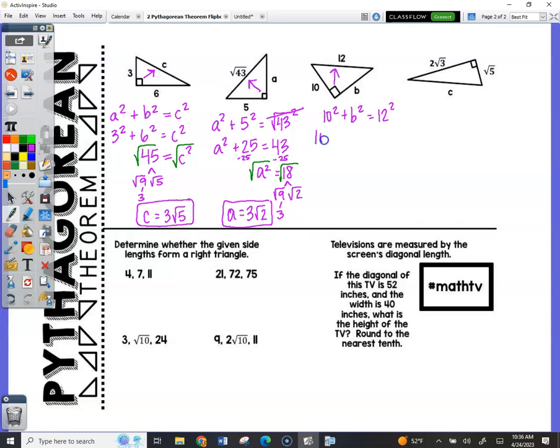So this is 100 plus b squared equals 144. What do I need to do? Minus the 100. So b squared equals 44. Now what? Square root.